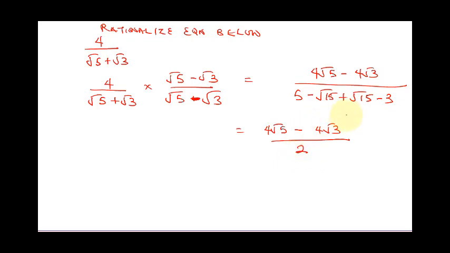So from here we now know that our surd is in this form: 4 root 5 over 2 minus 4 root 3 over 2. So this is going to give me 2 root 5 minus 2 root 3, and that's my final answer.